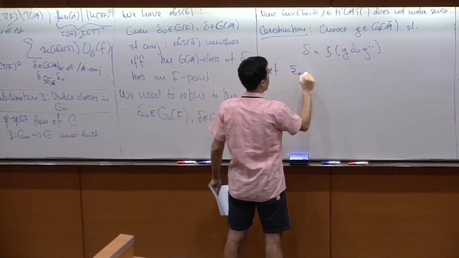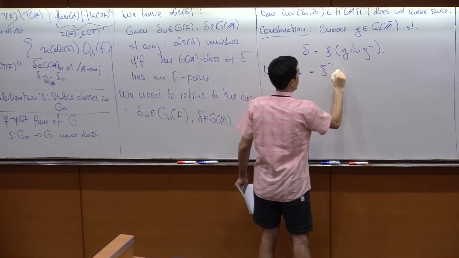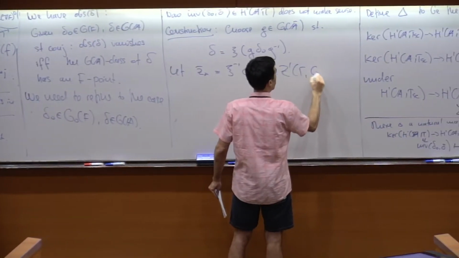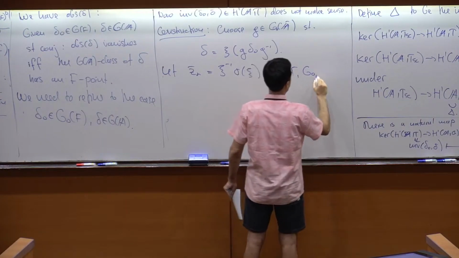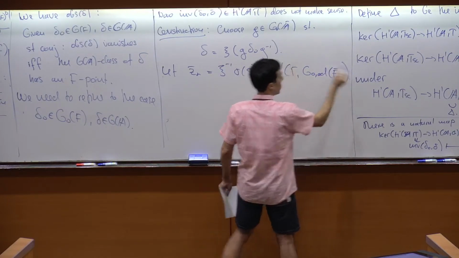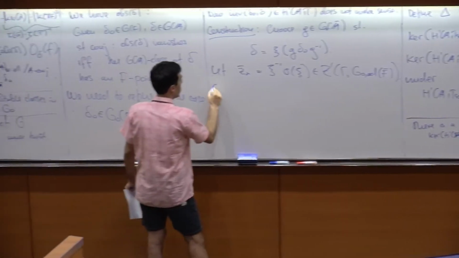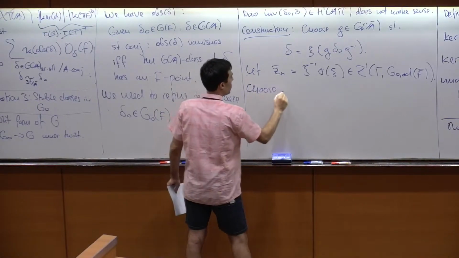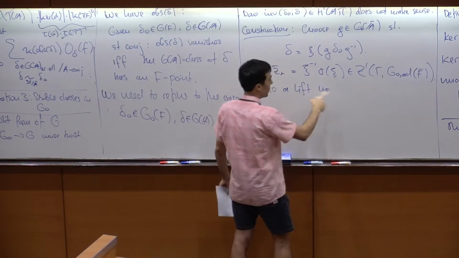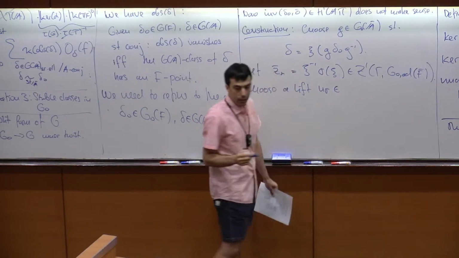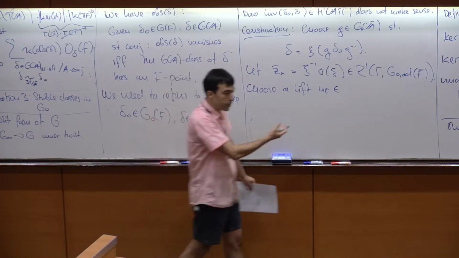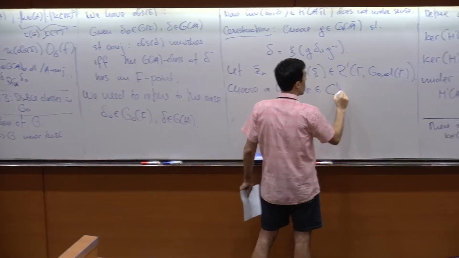Let z sigma bar be the one-cocycle in the adjoint group. And here comes the funny part. Choose a lift u sigma of this cocycle to the simply connected cover, but you cannot ensure that it's a cocycle anymore. This cohomology class may not lift, so it's just going to be a cochain.